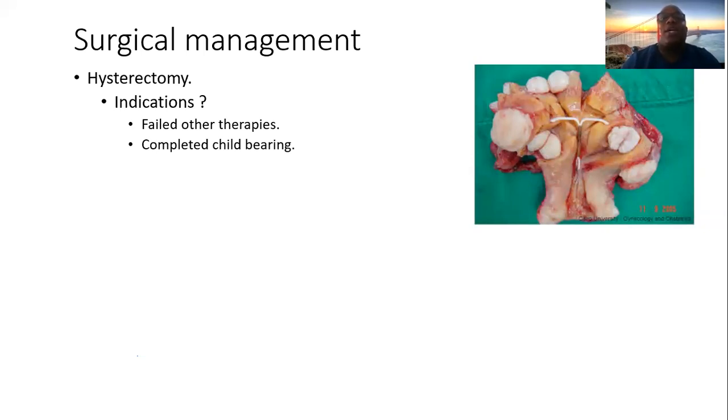The woman has 3, 4 children and says, Daktari, I just want this problem resolved, and she has no desire for future childbearing. And then concurrent pathology, like carcinoma in situ or adenomyosis.